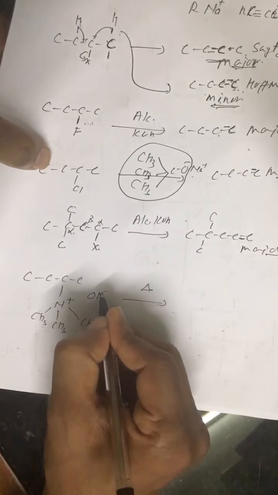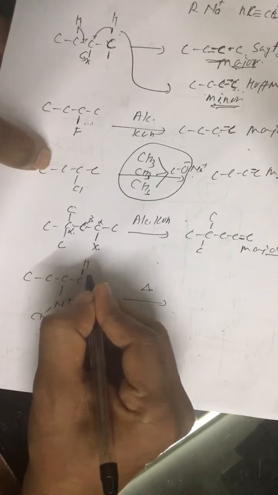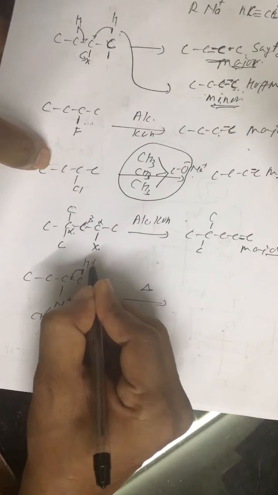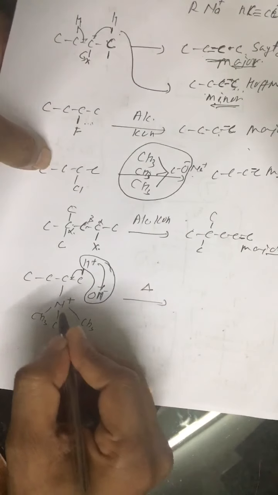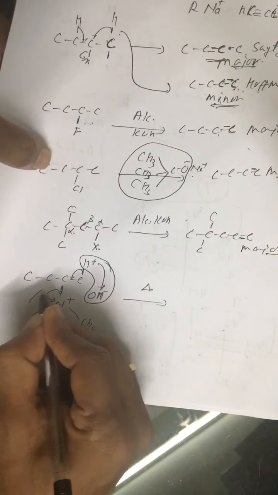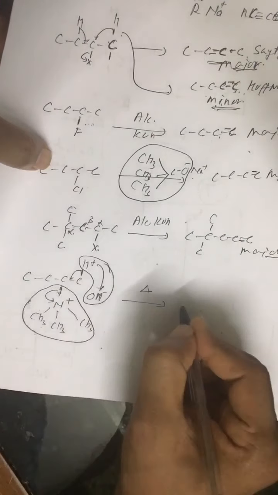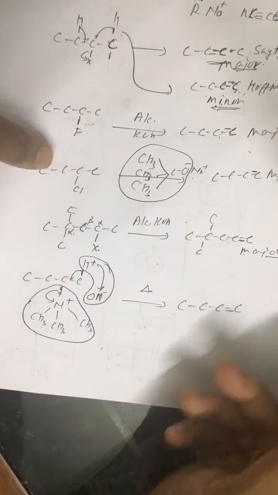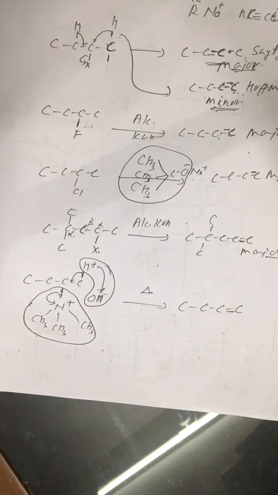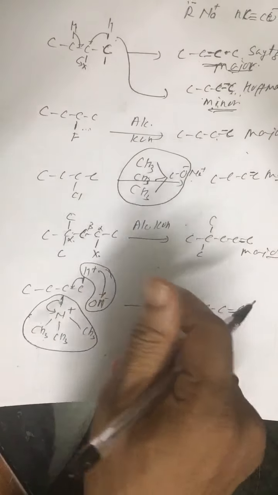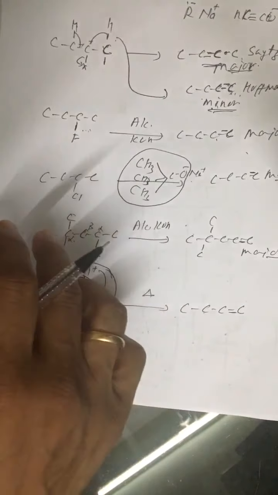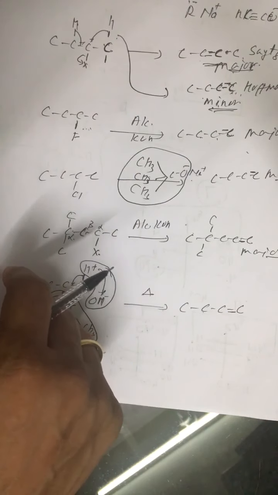If it is heated, this hydrogen is removed as H positive, which combines with OH to give H2O, and this is the removal of (CH3)3N, and we get 1-butene as the major product. So these are certain cases where we get Hofmann's as the major product. Otherwise normally it is the Saytzeff product which is the major product.